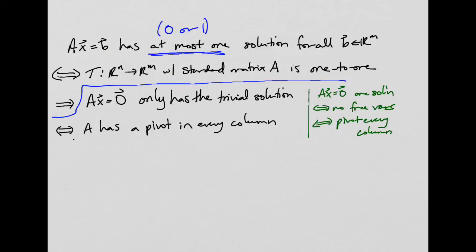So think about the logic there that we just went through. We showed that this is equivalent to this statement, and we showed that this statement implies this statement. So we just showed that AX equals 0 has only the trivial solution implies this first statement. So now we have the if and only if here as well. And I can get rid of this blue line now, but it's going to erase a bunch of things.